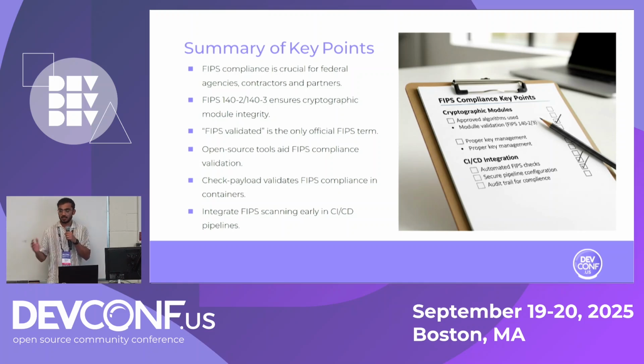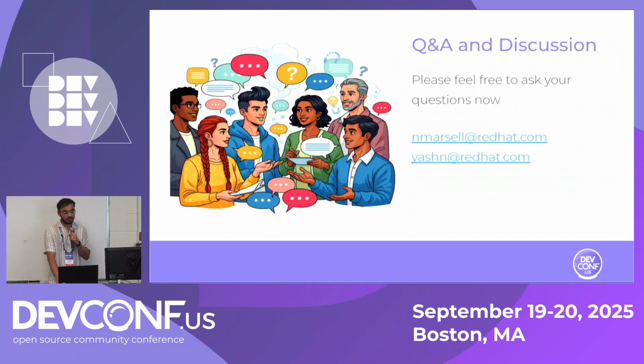Everything else is kind of skirting around it. Open source tools are available for validating FIPS compliance, and check-payload is one such tool. Again, it's open source, so if you need any enhancements, please feel free to contribute. The links are there at the end of the presentation. And importantly, integrate FIPS scanning early in the CI/CD pipelines. So again, a good practice here.